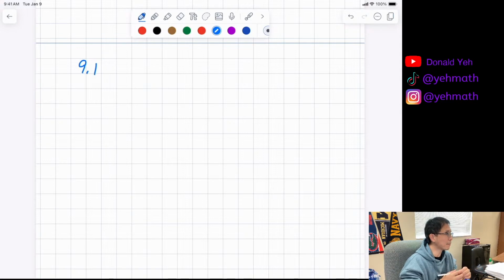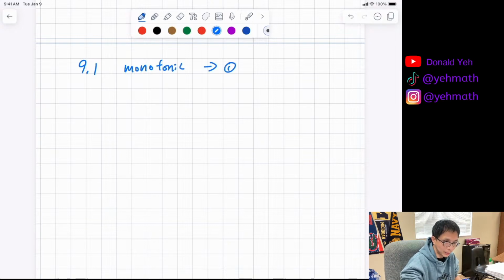But mostly in 9.1, the most important thing is how do you test for monotonic, right? You take a derivative, or you can do the comparison.